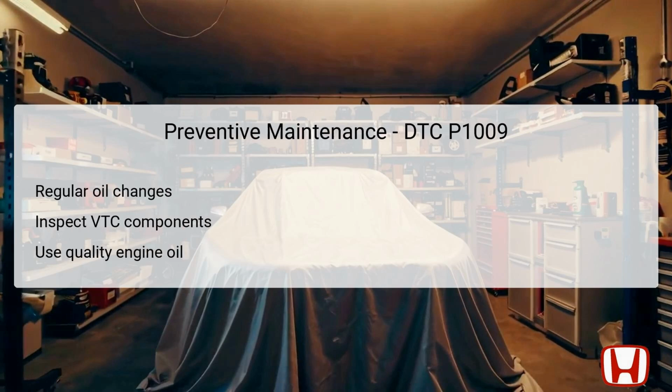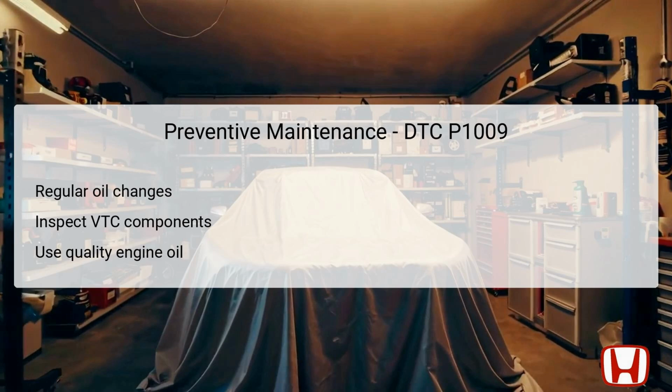To prevent the recurrence of DTC P1009 and maintain optimal performance of the VTC system, regular preventive maintenance is essential. Schedule routine oil changes as recommended by Honda. Clean, high-quality oil sustains the VTC components by reducing wear and tear.